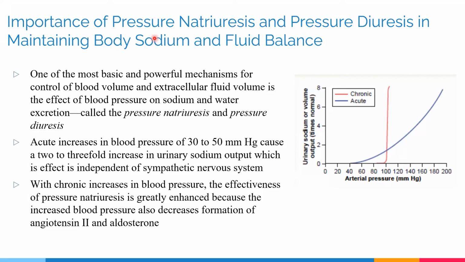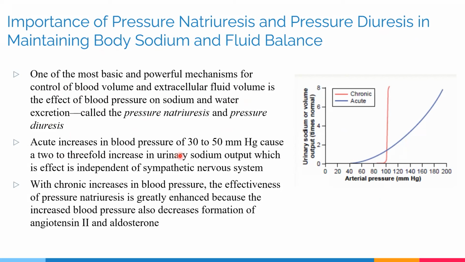Next, we move into the importance of pressure natriuresis and pressure diuresis in maintaining body sodium and fluid balance. One of the most basic and powerful mechanisms for control of blood volume and extracellular fluid volume is the effect of blood pressure on sodium and water excretion, which is known as pressure natriuresis and pressure diuresis.